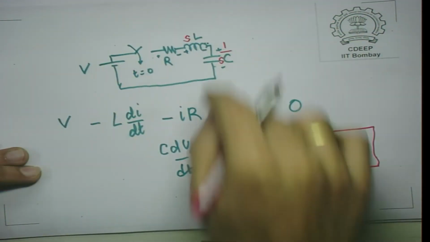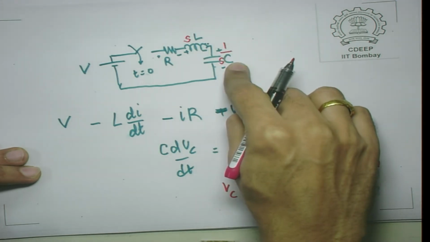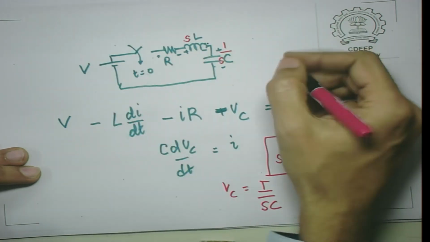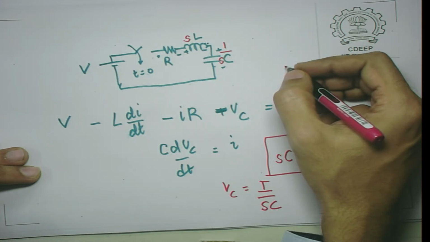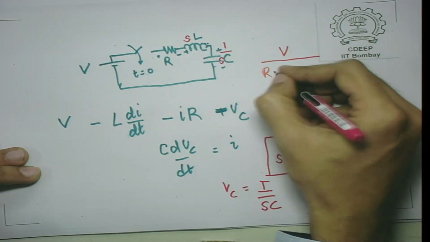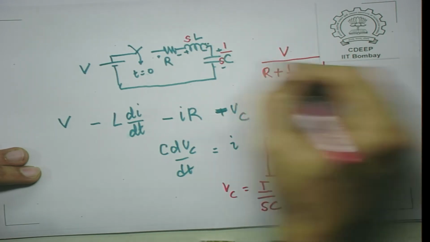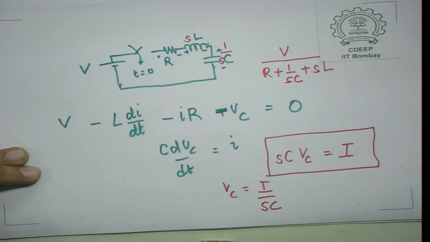Okay. So, what you get is SL here and 1 upon Sc here, and if you want to find out the response of this circuit in steady state, you have to just put V is equal to R plus 1 upon Sc plus SL. Since it is a series circuit, that is what we will get.